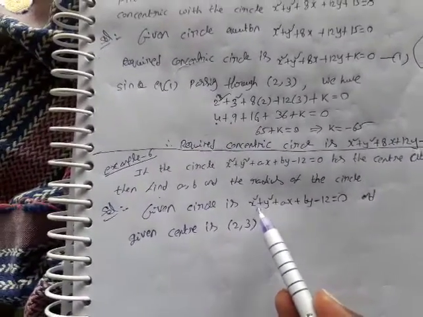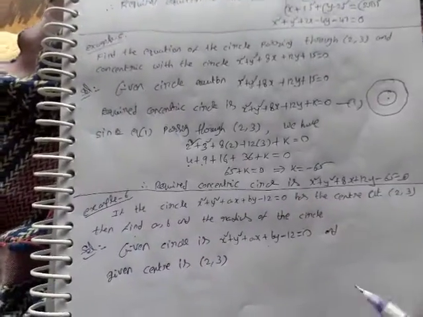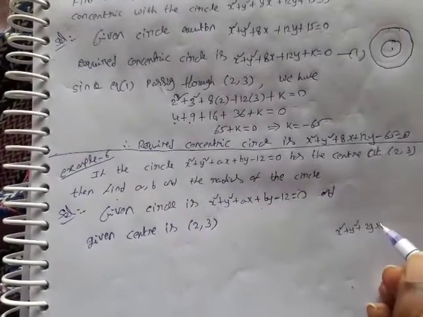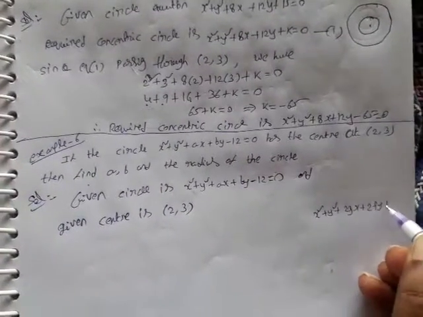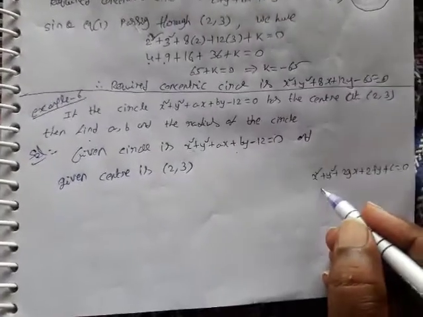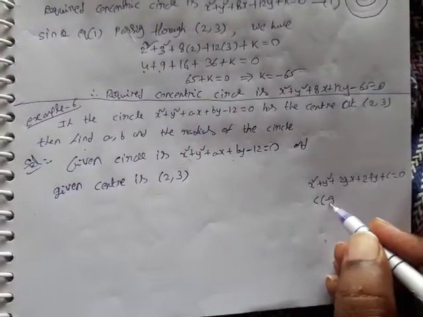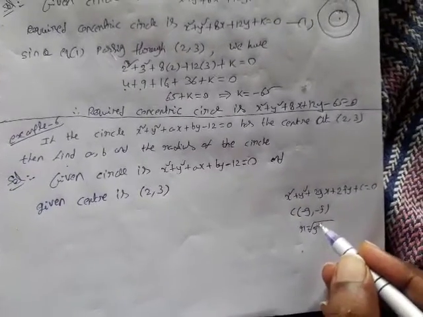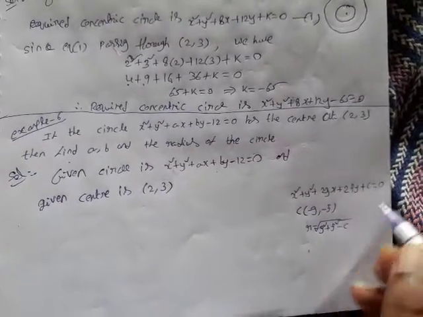First of all, we find the radius of the circle. We know that the circle equation is x square plus y square plus 2gx plus 2fy plus c equal to 0. Then we remember the center is minus g comma minus f, and radius equal to root of g square plus f square minus c.